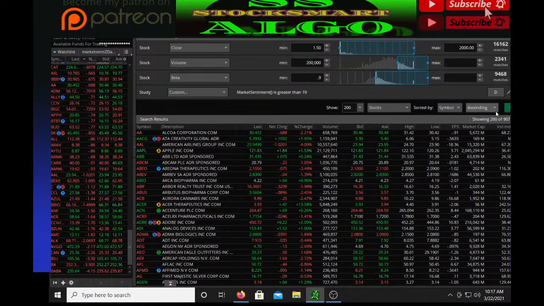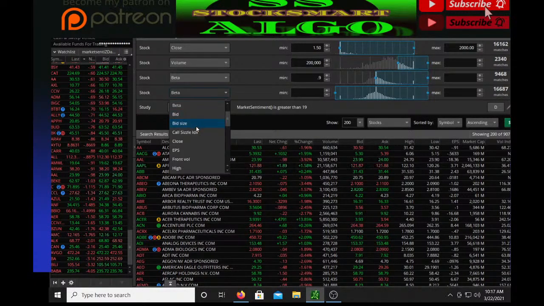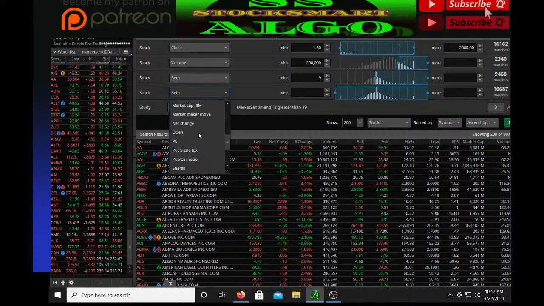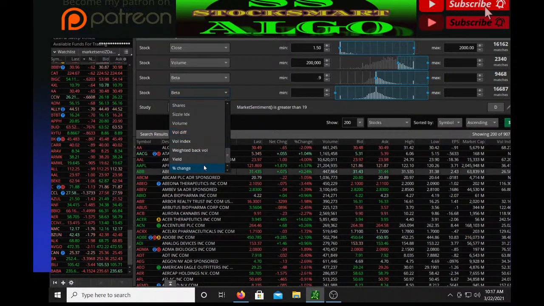All right. Another stock. All right. Bid, ask, call Sizzle index. We could do a Sizzle index of 1 or a market maker move. Volume difference, percent change. Now we could look for percent changes where they've pulled back very heavily.